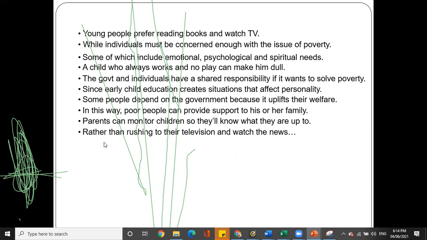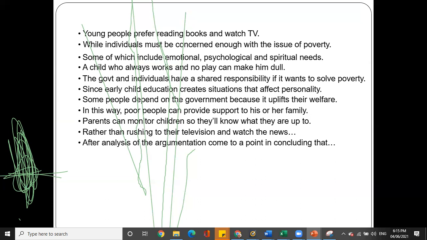So to prevent the redundancy of using rather than again, we eliminate it, right? So rather than rushing to their television and watching the news. Okay.